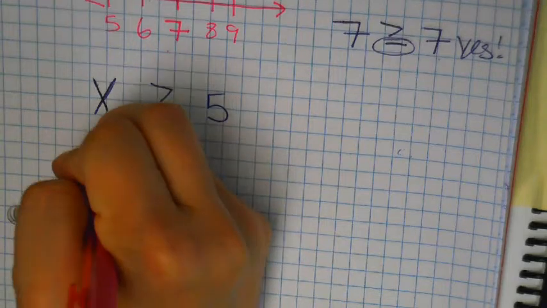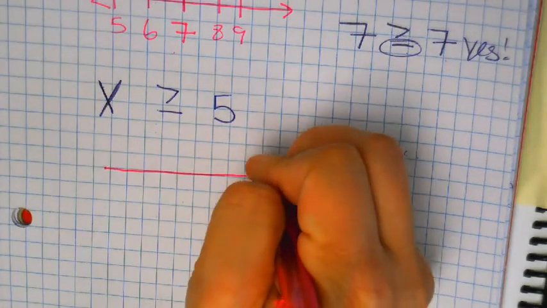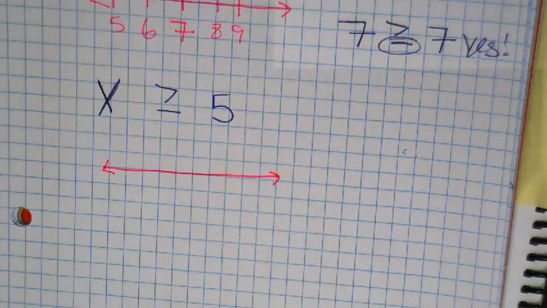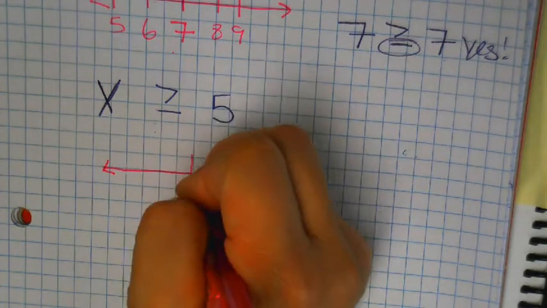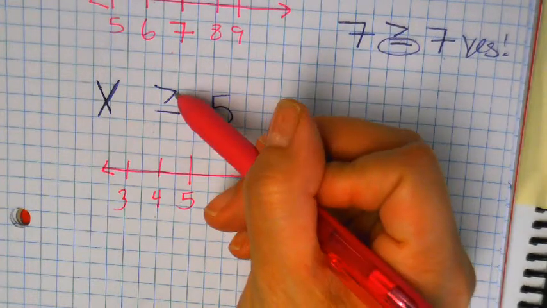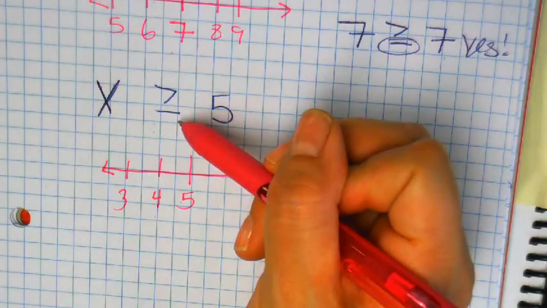Okay, first thing, draw your number line. What number goes right in the middle? 5. Very good. 5 is greater than or equal to 5.